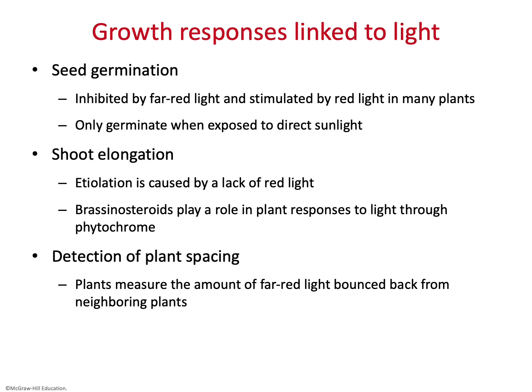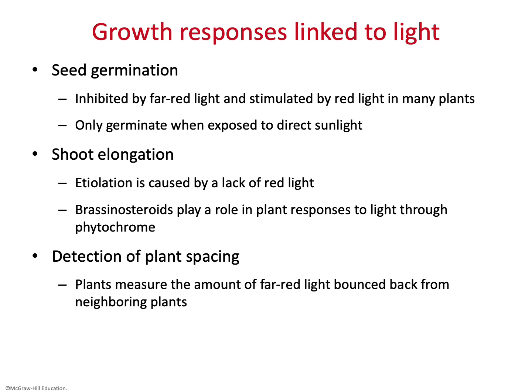Lastly, red and far red light are also involved in signaling plant spacing. Plant spacing is very important because when plants are too close to each other, they compete for light. If a plant can sense how closely the neighbor is located, it can increase its height to reach maximum light.